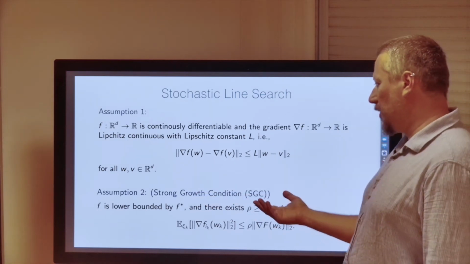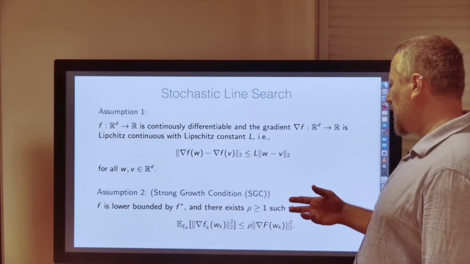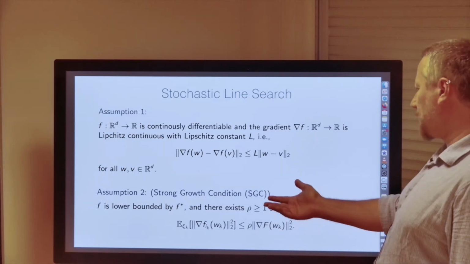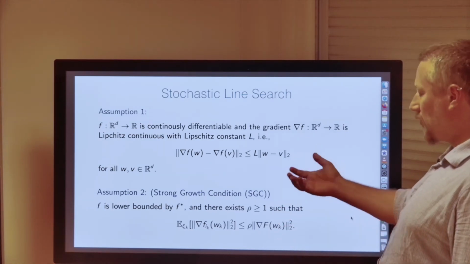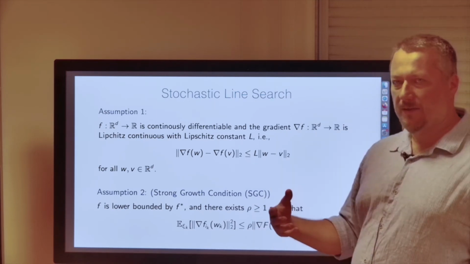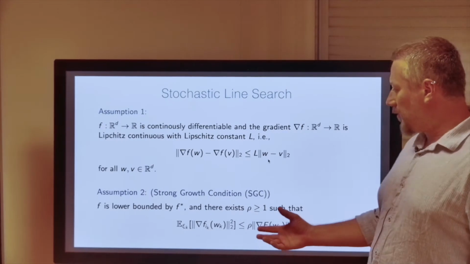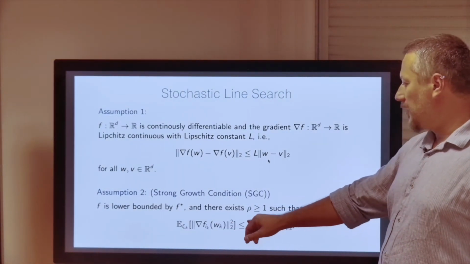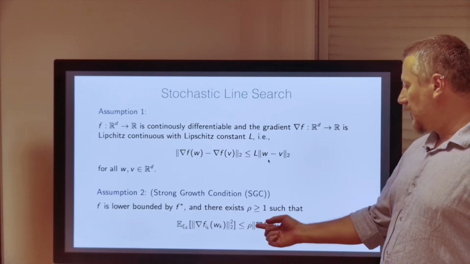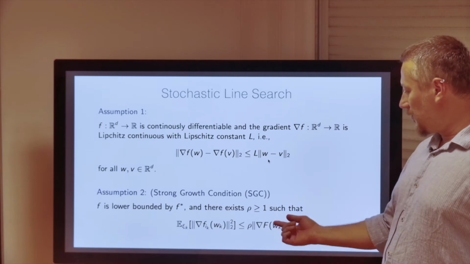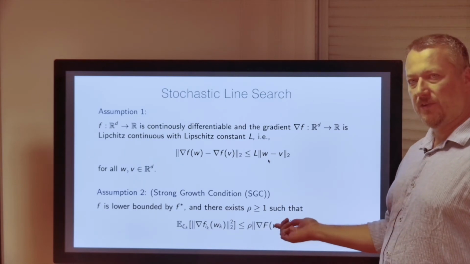okay, f is lower bounded by f star as before, but if you look at the expected values of the square norms of these stochastic gradients, before we assumed that this expected value is a constant plus rho or M_G back then times the square norm of the full gradient.